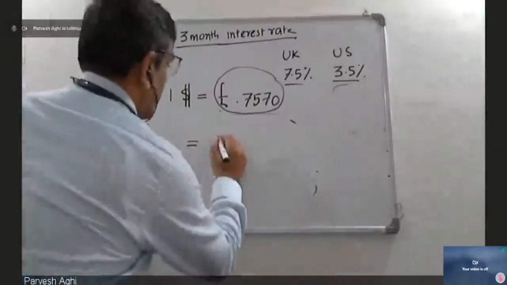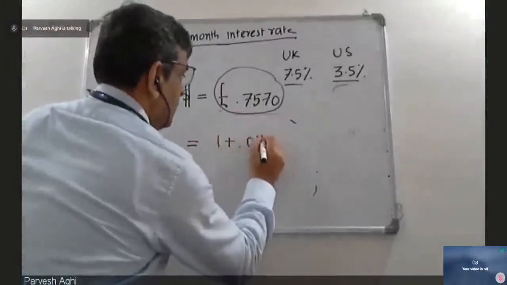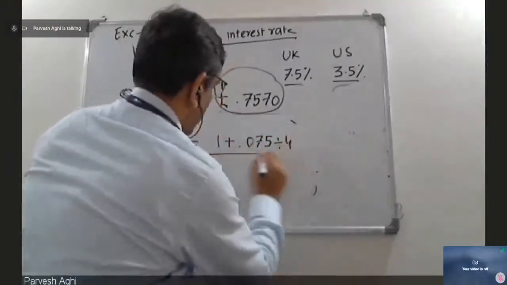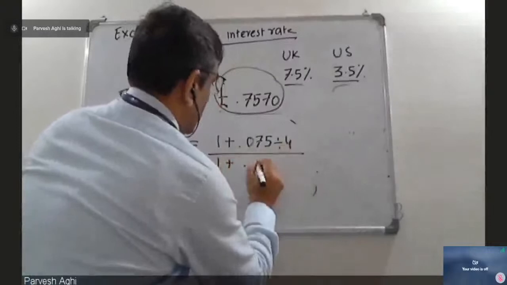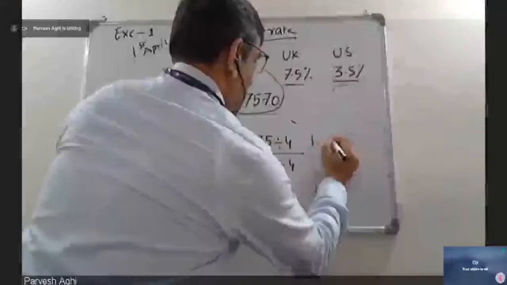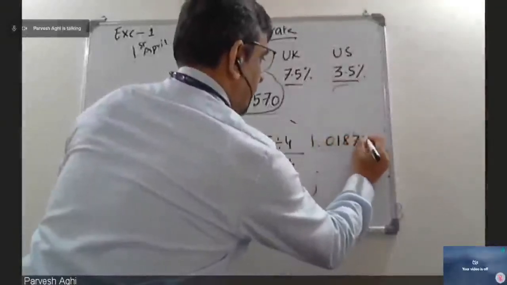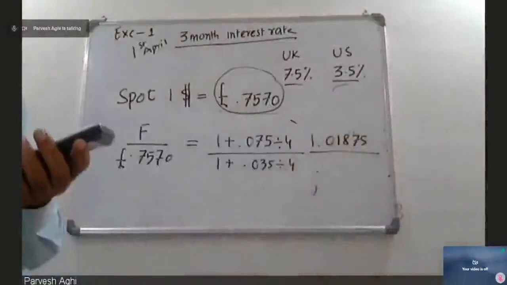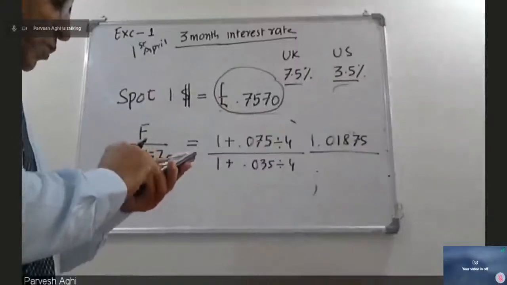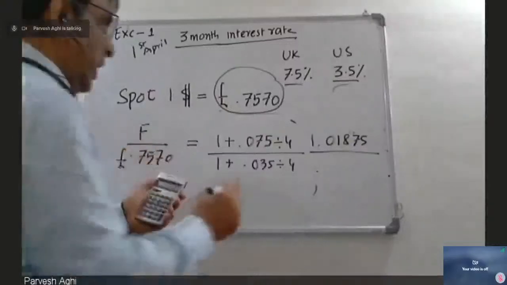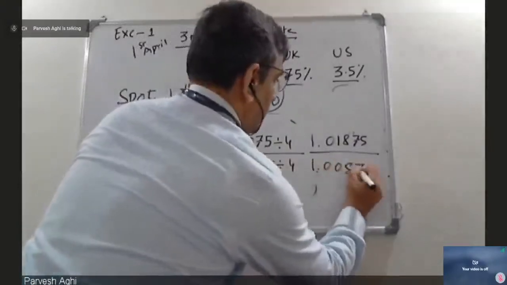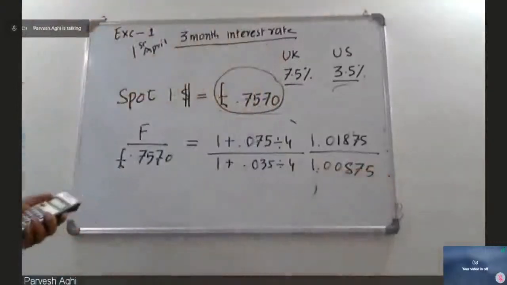So this I can write as 1 plus 0.075 divided by 4, which is 1.01875. Then 0.035 divided by 4 plus 1, so I get 1.00875.